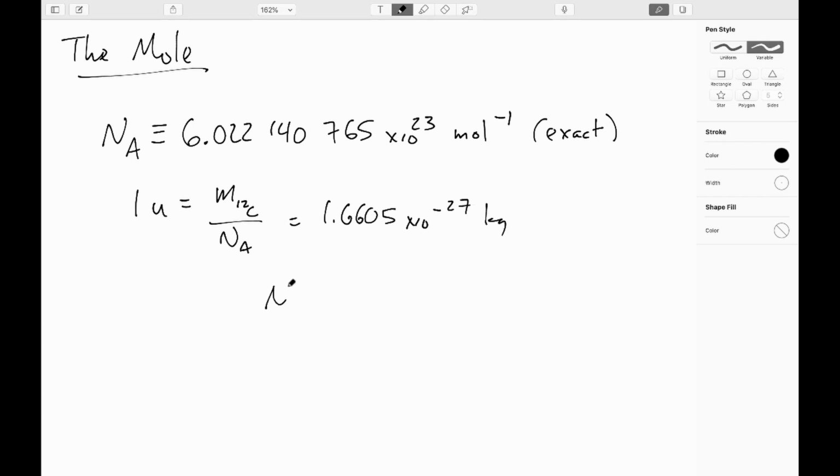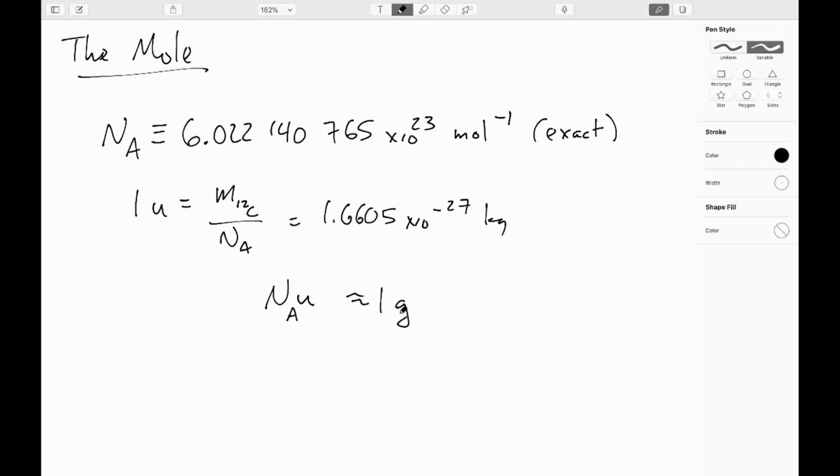So if you have Avogadro's number times the atomic mass unit, that's approximately 1 gram. These used to be exact, but with the redefinition, these are now incredibly close approximate values.